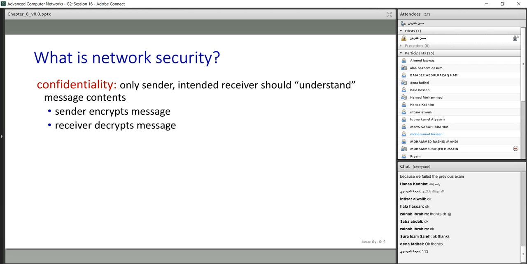Instead of this, firstly, I can encrypt my message to Ahmed. Then I can send it over the network.